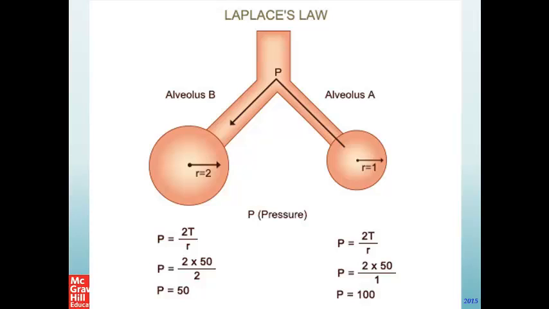So in this example, we have 2 alveoli, different radii. The pressure needed to maintain the alveolus and prevent it from collapsing is less in the alveolus that has the larger radius. So twice the radius, less the collapsing force.